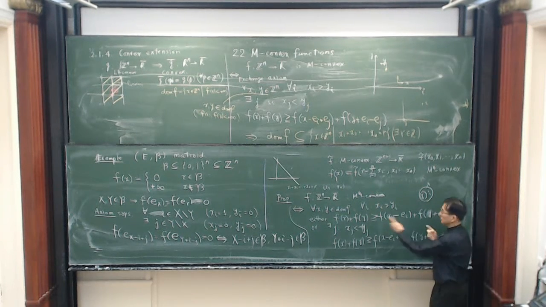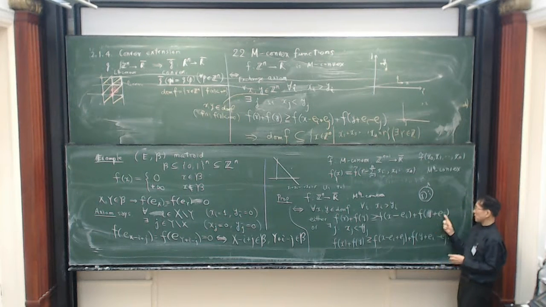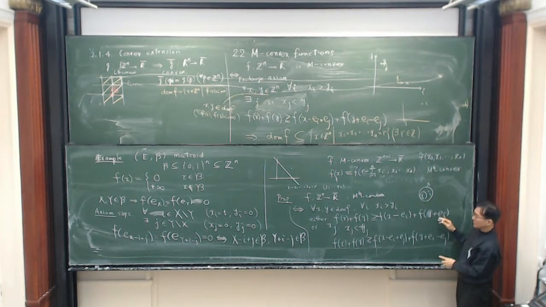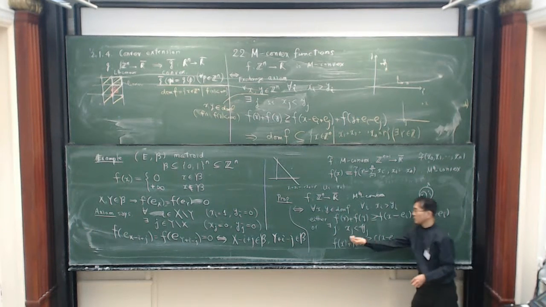But this axiom says we have to be able to find i. Well, no. If you cannot add i to y, then you have to be able to find j somewhere, and we can exchange. But we have to have this condition.